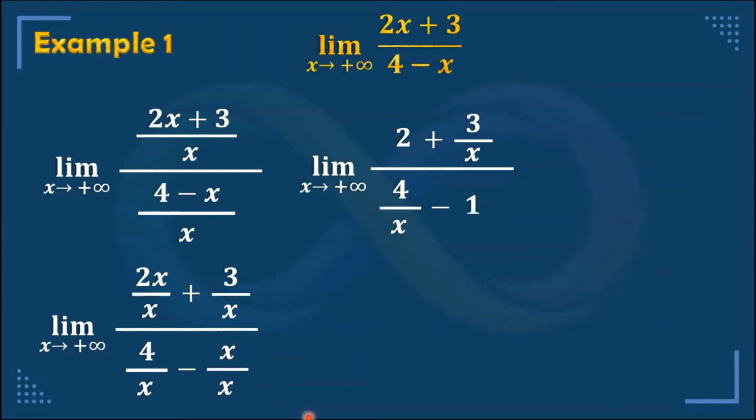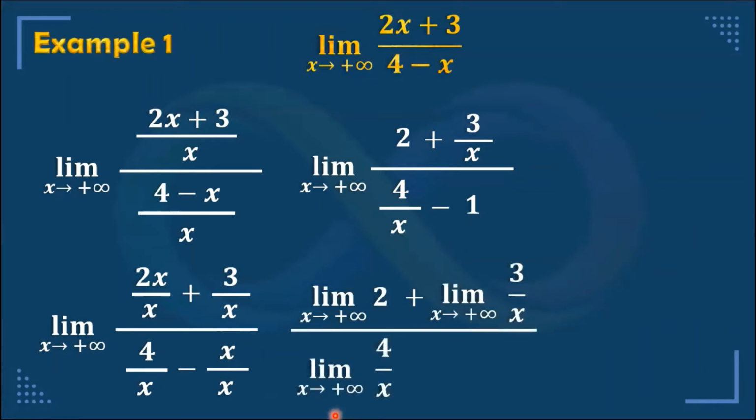Next is to solve for the limit term by term. So we have limit of 2 plus limit of 3 over x, all over limit of 4 over x minus limit of 1.